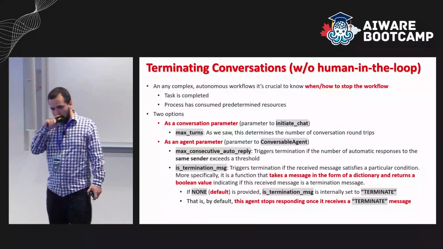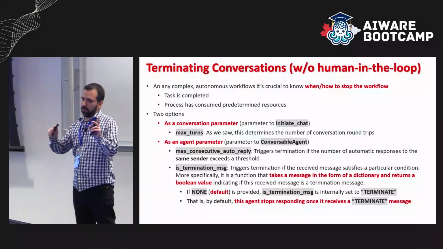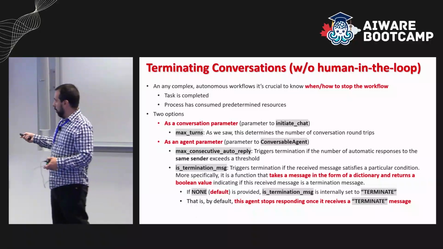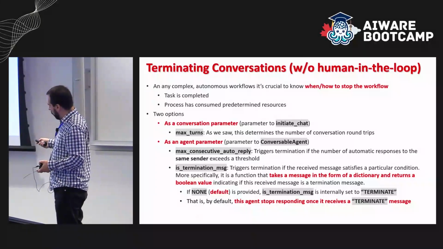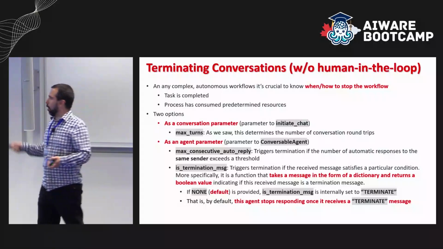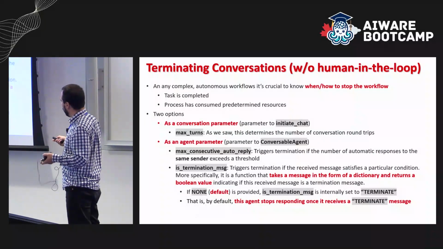Basically you have 2 options, right? One is max turns, as we saw. I say 2 turns and that's it. You guys are going to talk to each other twice and that's it. That's a parameter of the conversation, but you can also have parameters for the agents themselves. You can have max_consecutive_auto_reply, so it's going to reply a given number of times to the same sender.